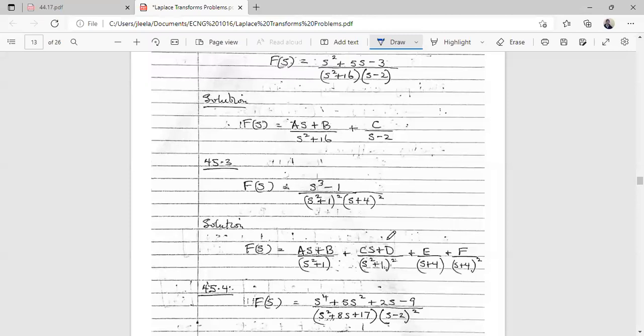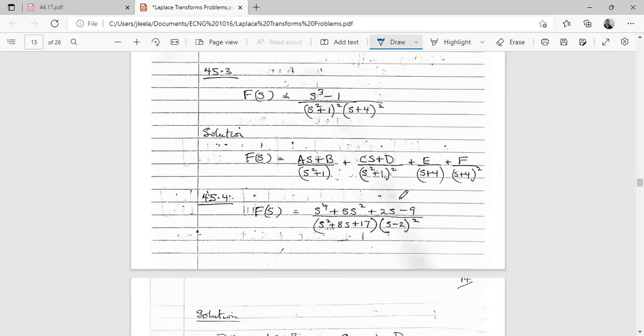So for the repeated quadratic factor, you have as plus b over s squared plus 1, and then you add cs plus d over s squared plus 1 squared. And for the other simple factor, you have e over s plus 4, plus f over s plus 4 squared.